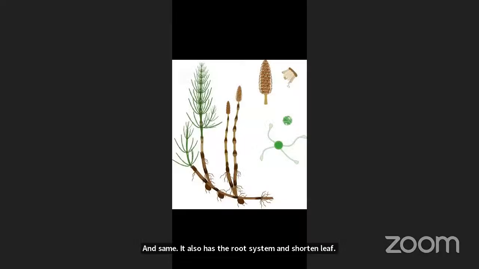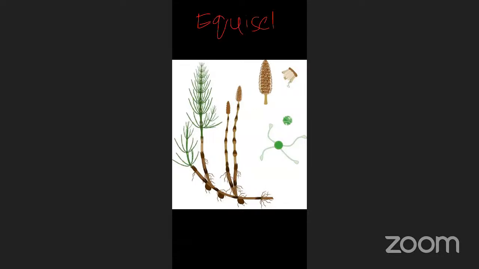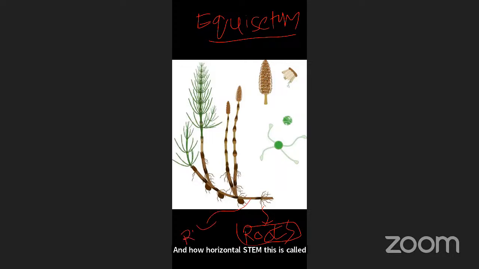Are you able to see this diagram? Yes, sir. So these are the roots of Equisetum. The horizontal stem is called the rhizome.